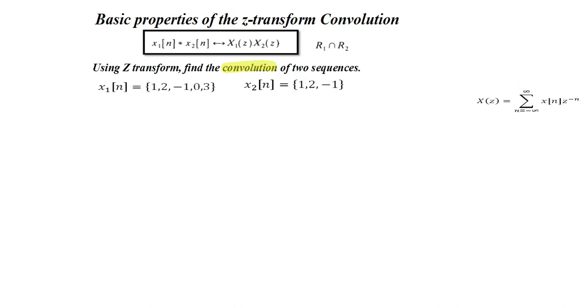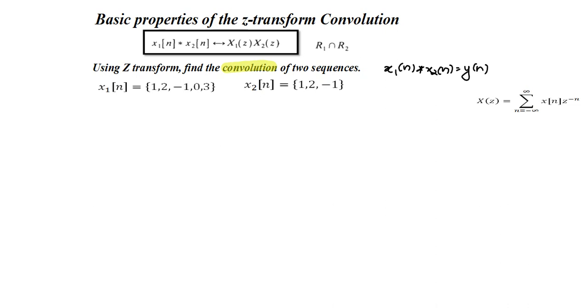We need to find the convolution itself, meaning the final result. For example, if we have two signals x1 and x2, we need to find the convolution of x1 of n with x2 of n, and assume that the result is y of n.